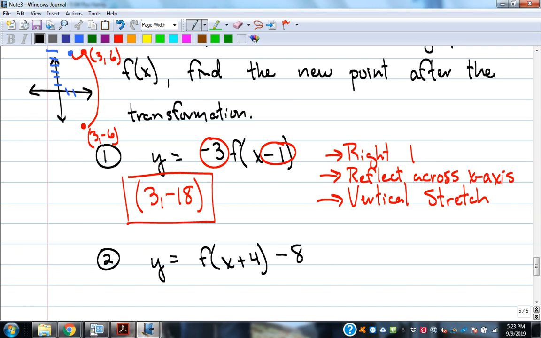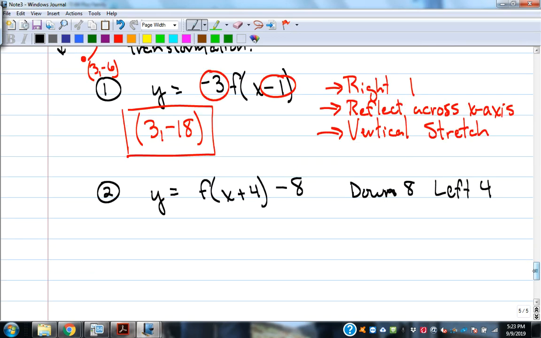All right, so what transformations do we see in that equation there? Down 8, left 4. Okay, so if we take the point 2, 6 and we go down 8 and left 4, where does it put it?